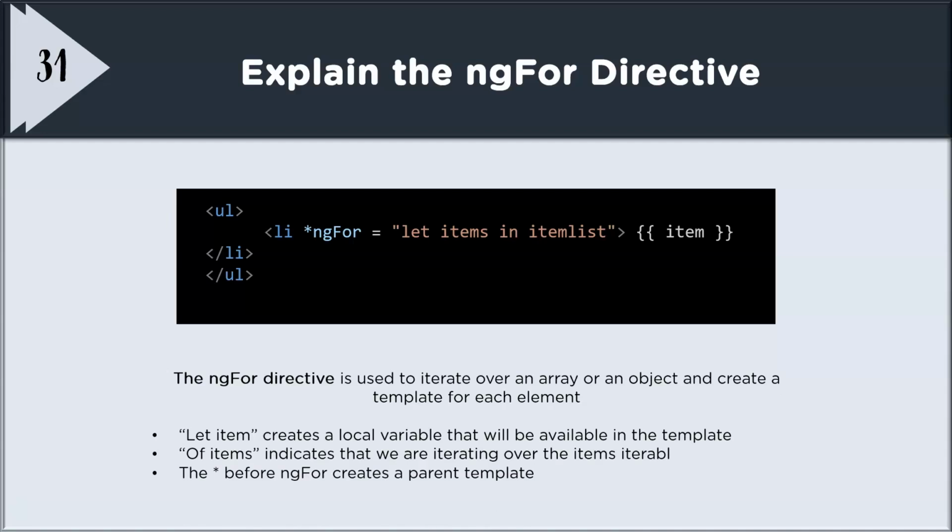Now in the snippet you can see there is let item of itemList, and then I've string interpolated the variable item. So let item here creates a local variable that will be available inside the template. Of items indicates that we are iterating over the items iterable, and the asterisk before ngFor creates a parent template.